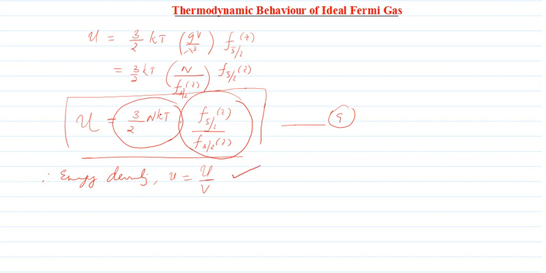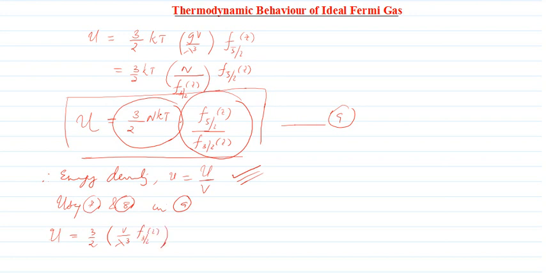Okay, now let me do one more thing using the previous expressions, equation number 7 and equation number 8. In equation number 9, you can try this out. You will get U equal to 3/2, in place of NkT I'm substituting V/λ³ into f_{3/2}(z).